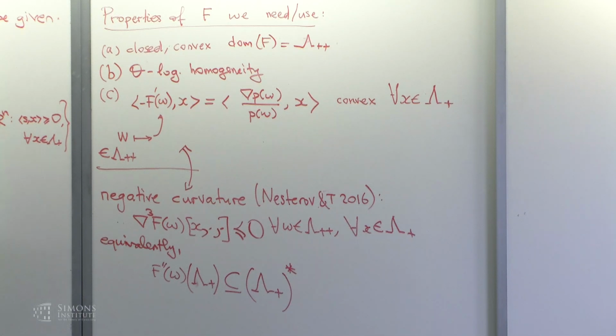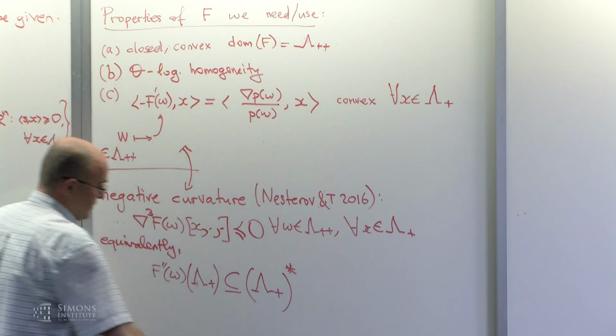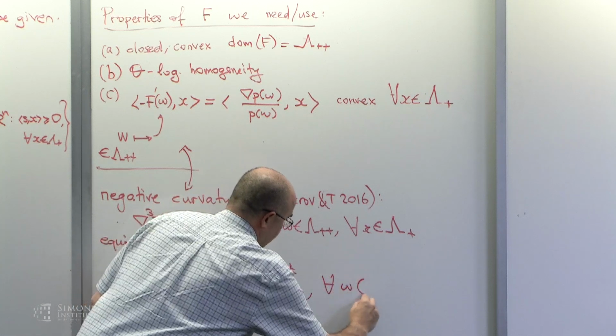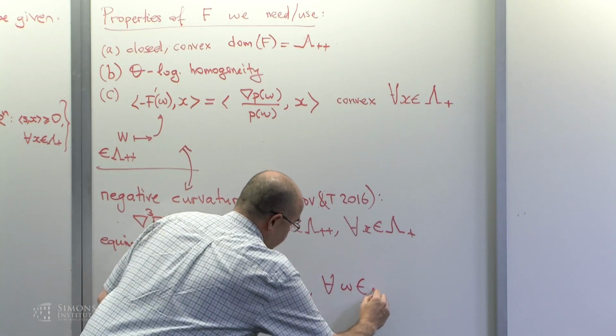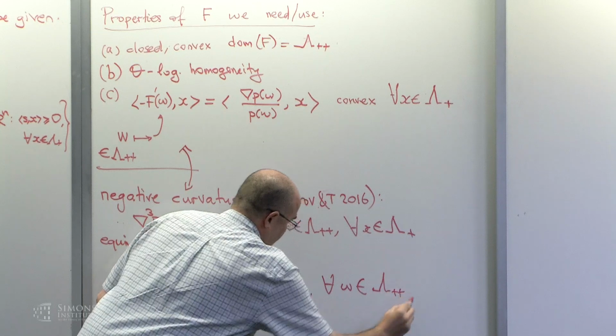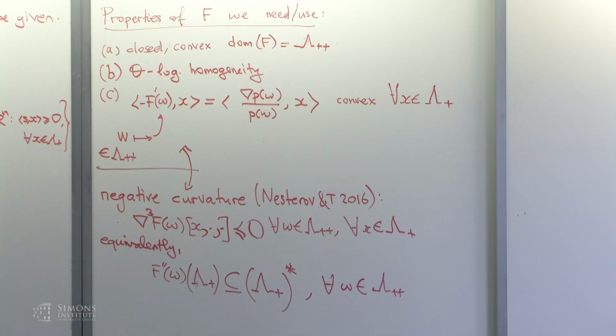So this purely geometric property that's supposed to hold for every W in the interior of the hyperbolicity cone is equivalent to having negative curvature, which is equivalent to having this function as a convex function.